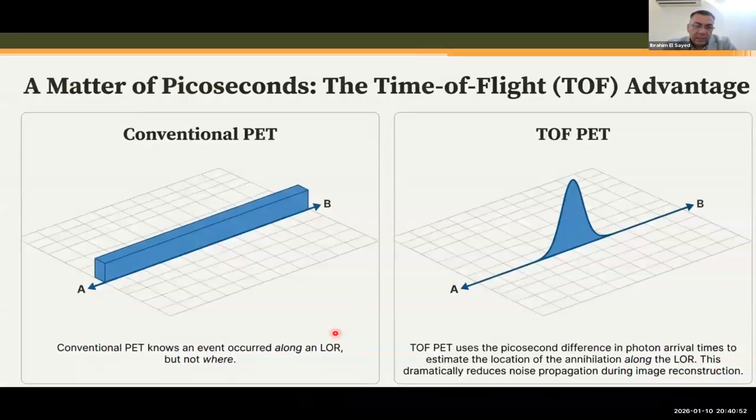So this is the exact representation of that. For conventional PET, we have a line of response and we don't know where the annihilation is. For time of flight, we know exactly where the annihilation is, rather than assuming it is in the center.